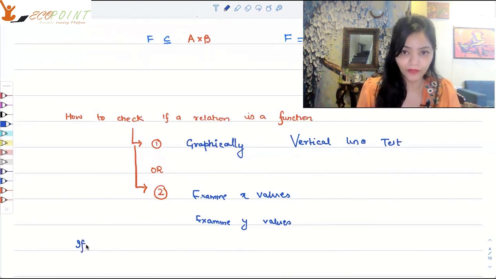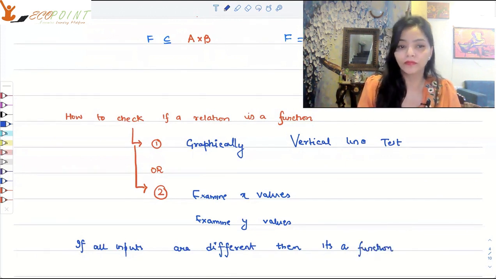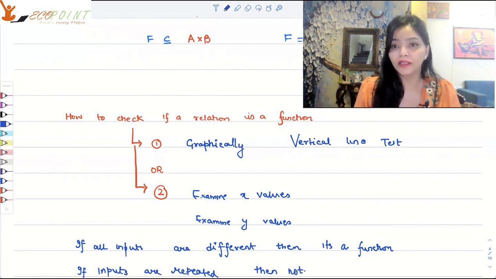If all inputs are different, then it's a function. If inputs are repeated, then it's not a function.